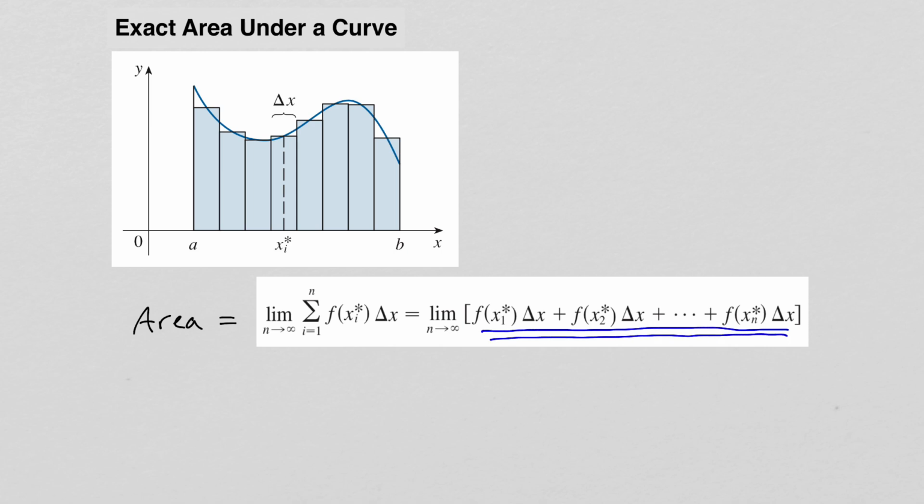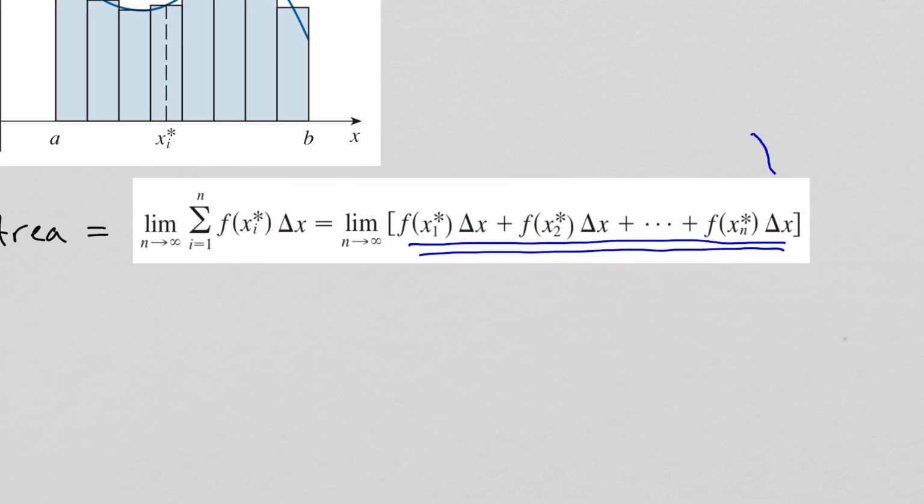But to get the exact area, you might remember previously that when you use more rectangles, your approximation gets better and better and better. So of course, the best number of rectangles to use would be an infinite number of rectangles. And so to get the exact area under the curve, I'm going to take the limit as n goes to infinity of the sum of all the areas of these rectangles.